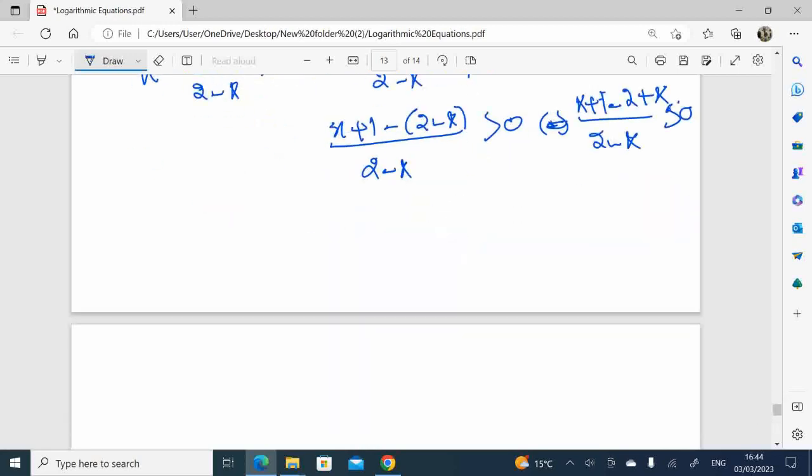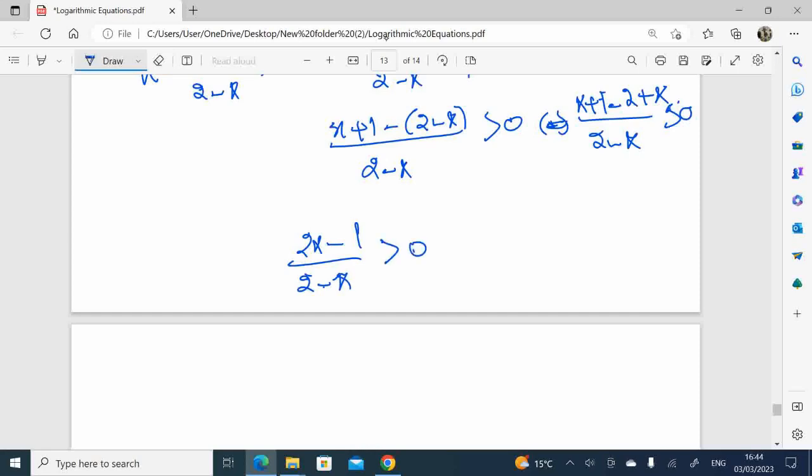If I simplify, we are going to have (2x−1)/(2−x), which needs to be strictly positive.